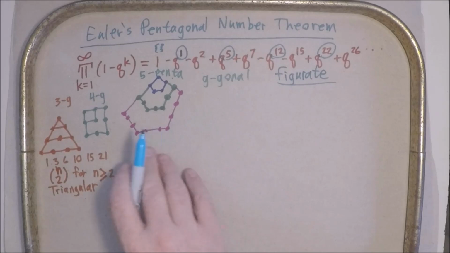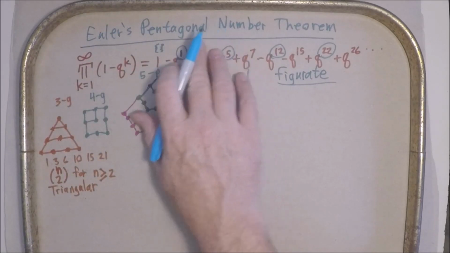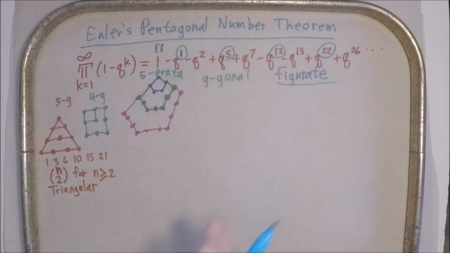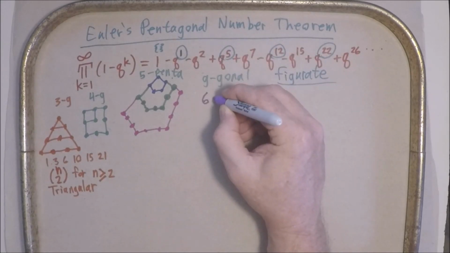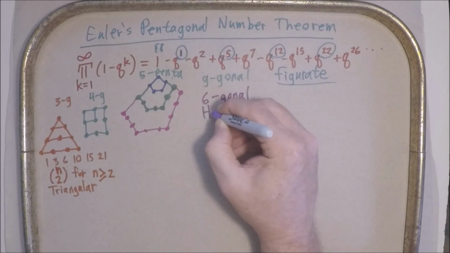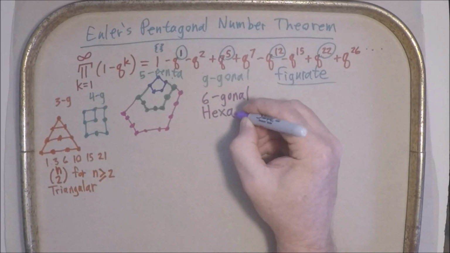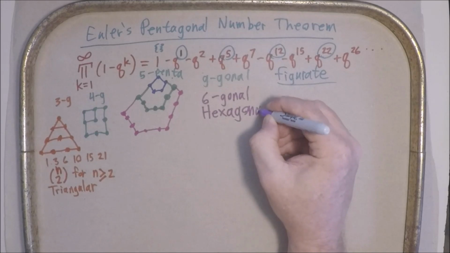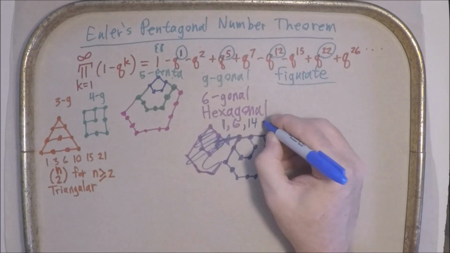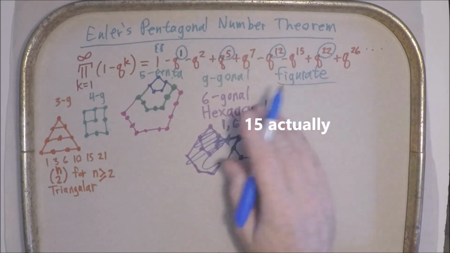It's just the background of where this pentagonal in Euler's pentagonal number theorem comes from, because of this correspondence. From there, we can consider the 6-gonal numbers, which are the hexagonal numbers, and it's the same kind of thing, and on like that.